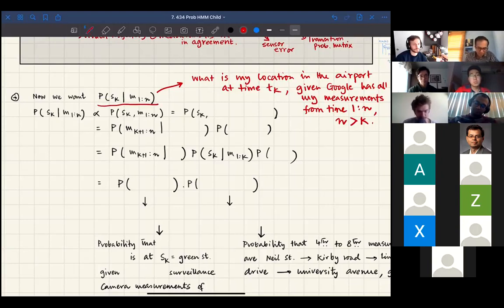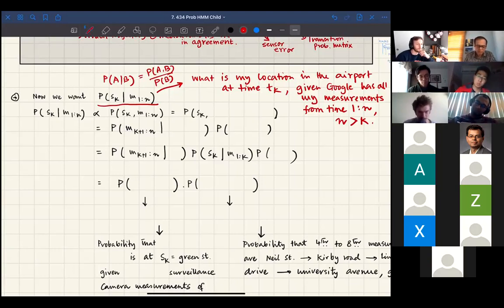Very good. Now, if you think of this as probability of A given B, then I can write that as P of AB divided by PB. PB is basically this measurement of M1 through n that is already given to me.